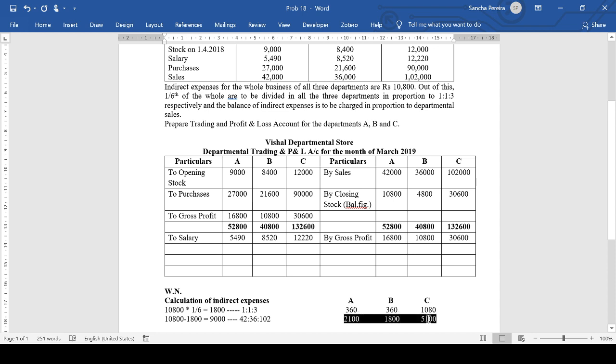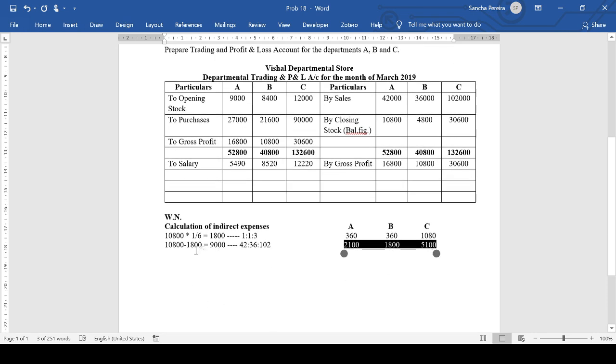So the total for each of the departments: for A, the total is going to be 2,460.